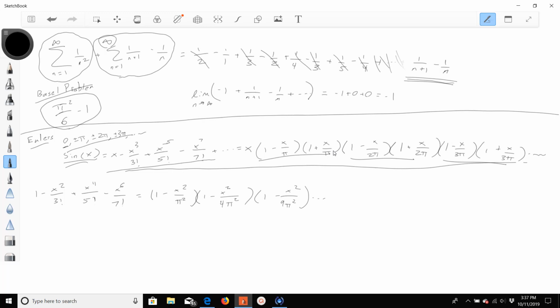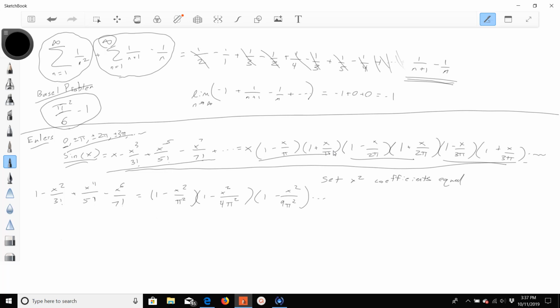Now the constant terms of both sides agree. They're both 1. So, this kind of crazy procedure might be valid. So, some algebra happens, and we're going to set the x squared coefficients equal.